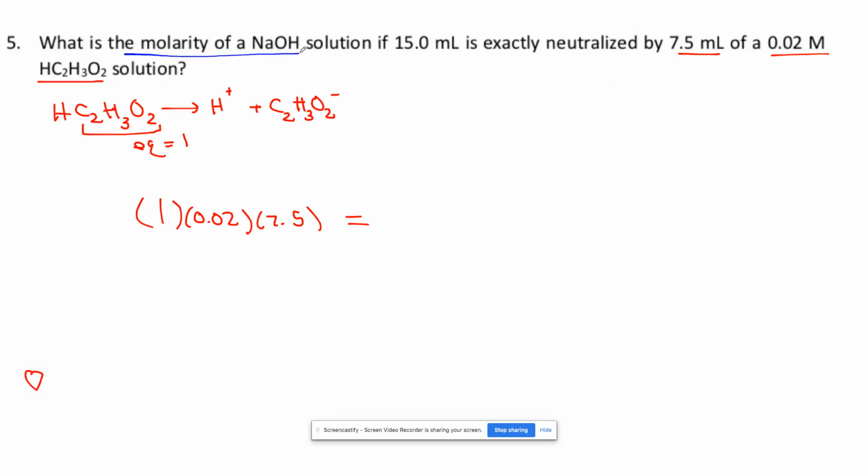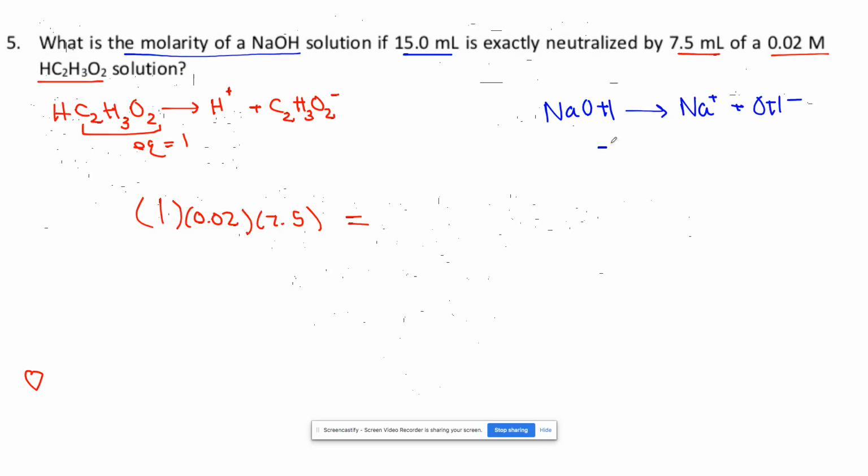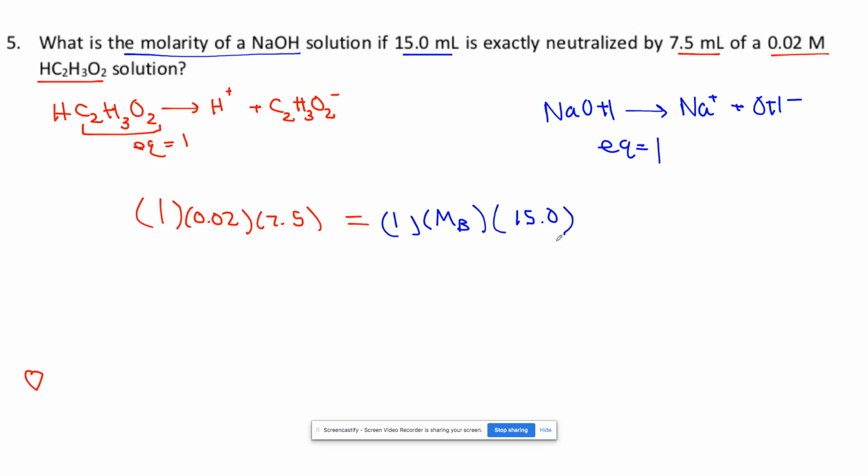Okay, blue for base. NaOH, we are looking for the molarity, and we have the volume. So we need the equivalence. NaOH, we've used this several times before, it's Na plus, OH minus. Our equivalence is 1. So we have 1 times molarity of the base, I don't know, times the volume of the base, 15 milliliters.